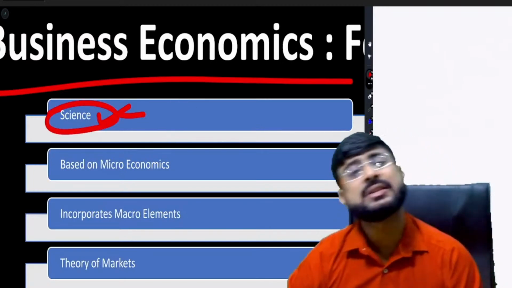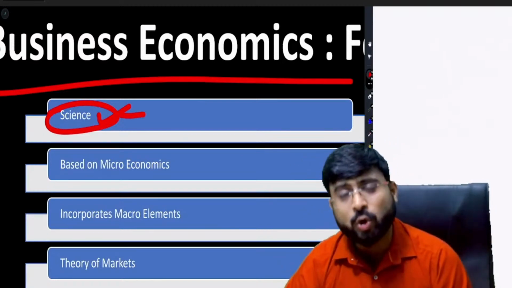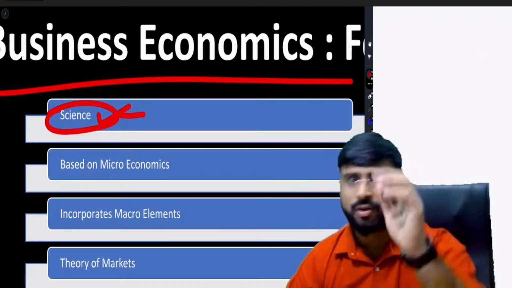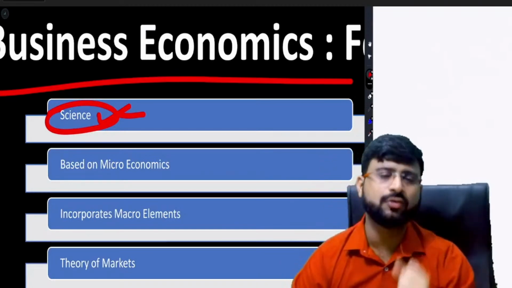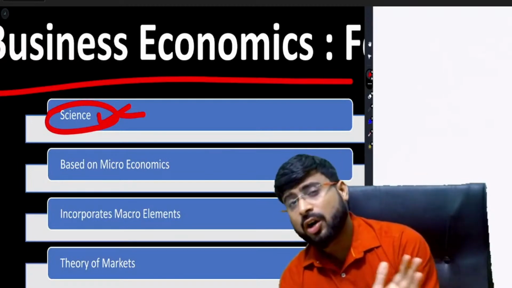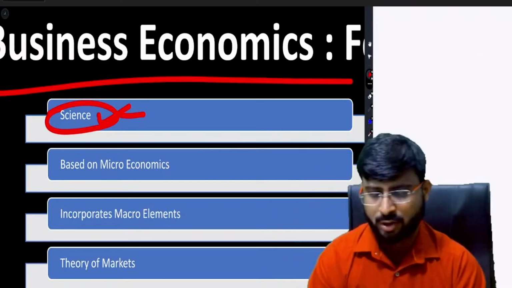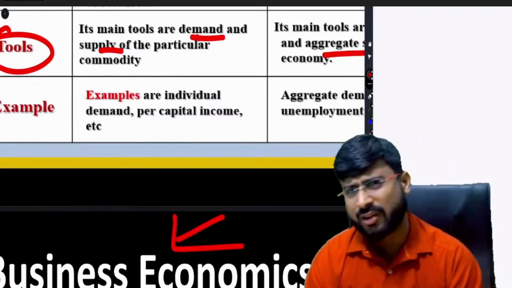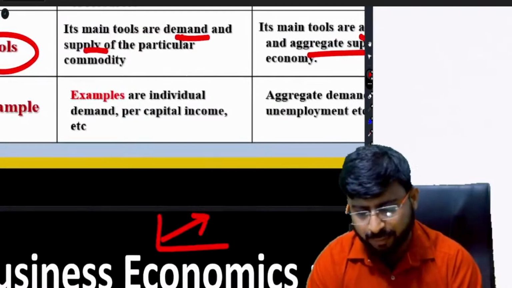Similarly, business economics uses the concepts of maths, econometrics, and statistics. For example, suppose a company is reviewing its performance. When a company is reviewing its performance, will it not make a graph? If it is constantly rising, it will be like this.